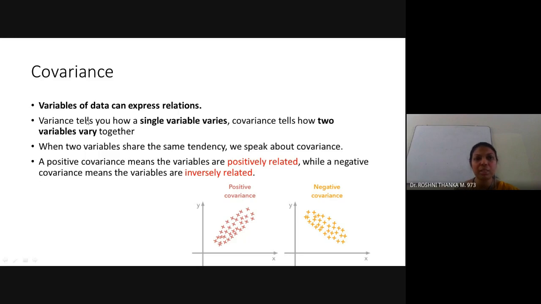Variance says something about a single variable, and covariance means how two variables vary together. In covariance, the relationship is positively or inversely related to each other.